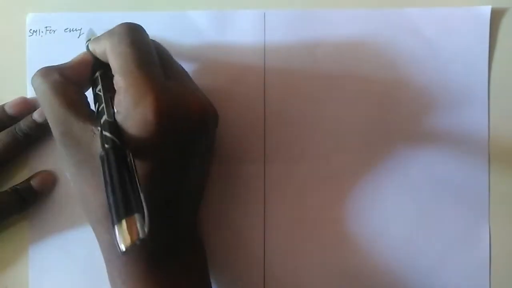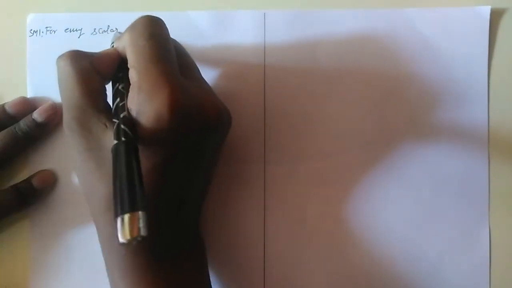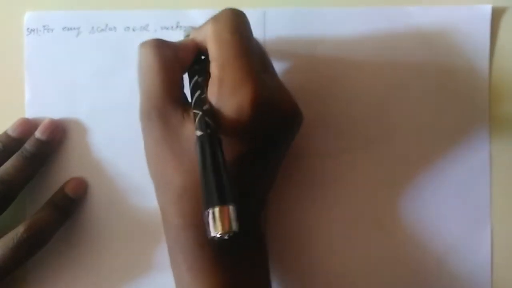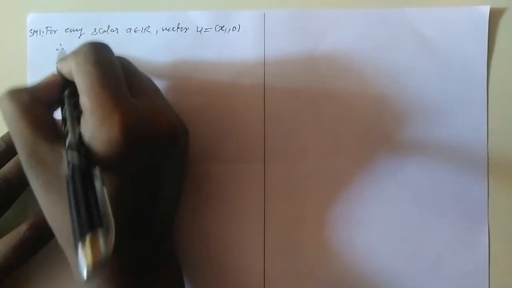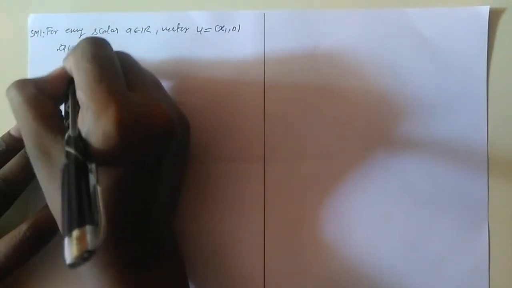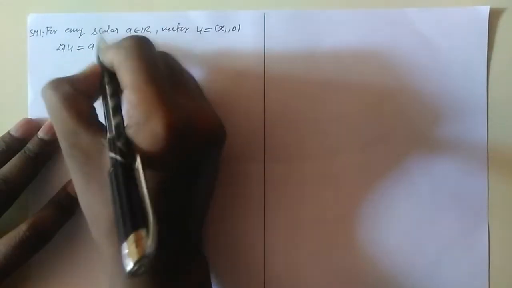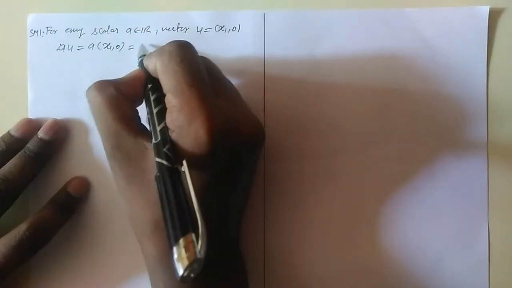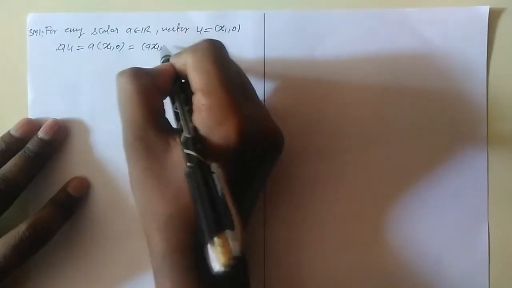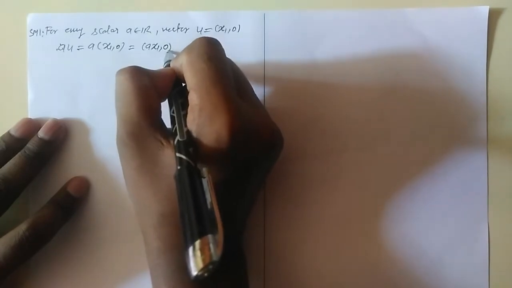SM1. For every scalar a belonging to R and vector u = (x1, 0), we will have au = a(x1, 0) = (ax1, 0).